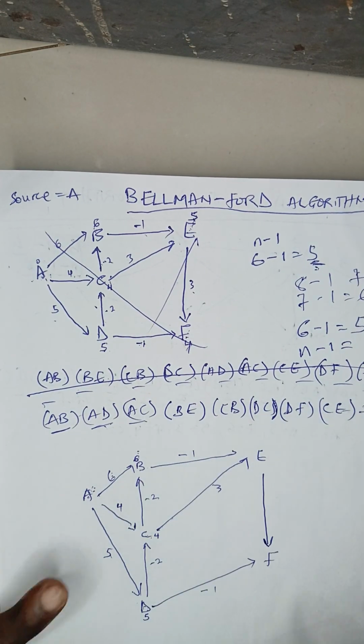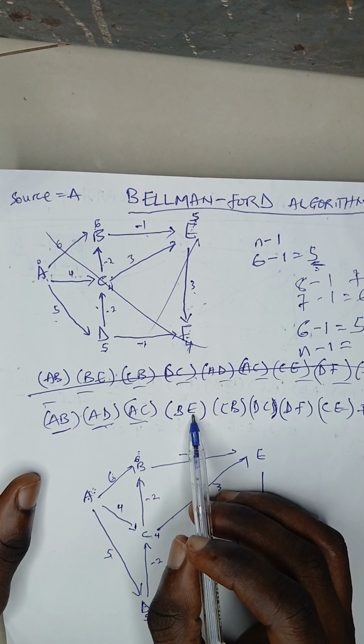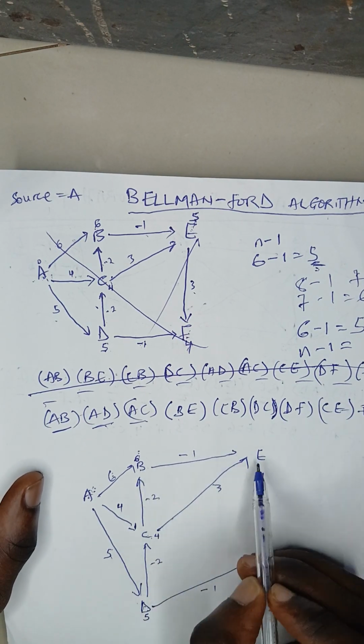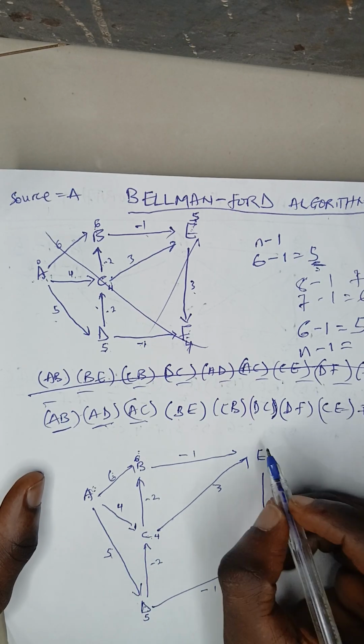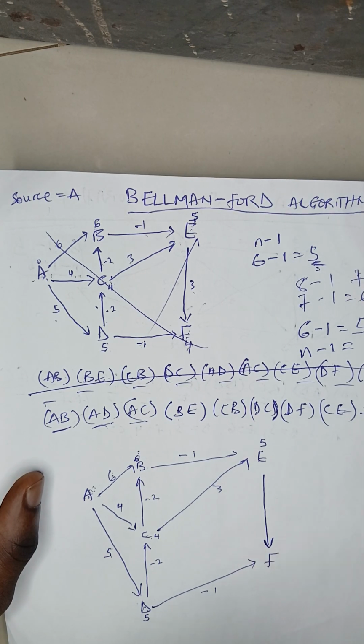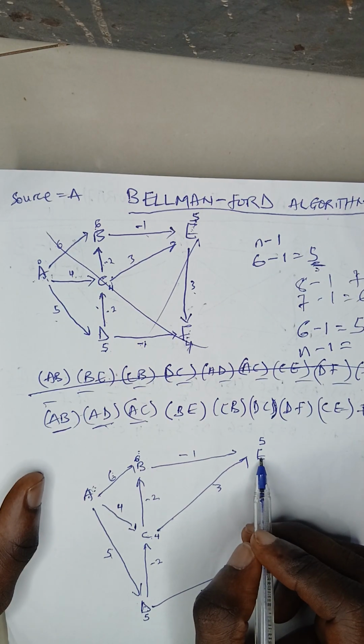When you are done, you underline it so that you don't mess up and do it again. B, E. B is currently 6, minus 1. That will give you 5. Have you seen it? Because E is infinity. Okay.